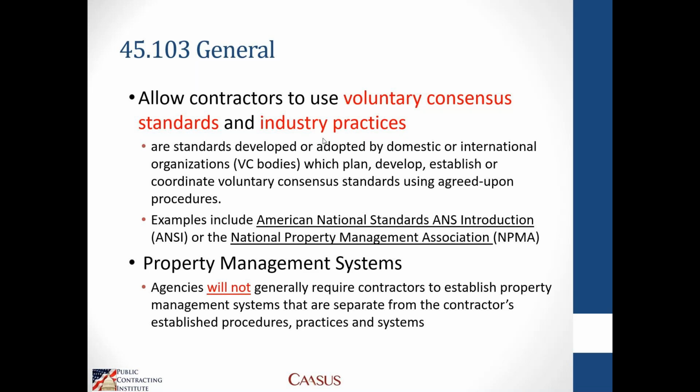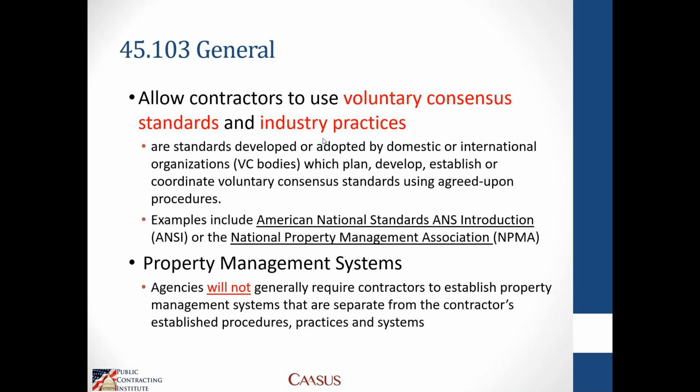And you likely have a system already established with which to track and maintain those stores. And so the government says you can absolutely use that system in order to comply with the Part 45 government property requirements. They just provide additional requirements in terms of the audit criteria and the 22 elements of the property management system that you're required to address.